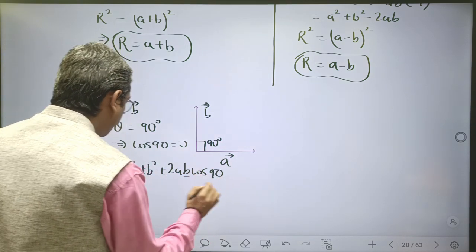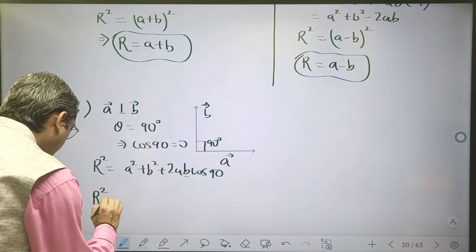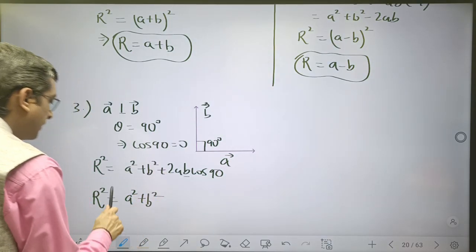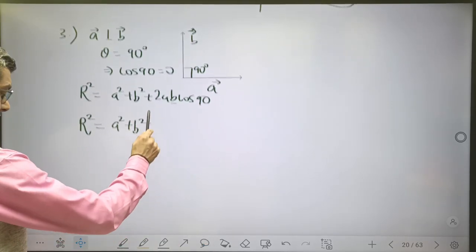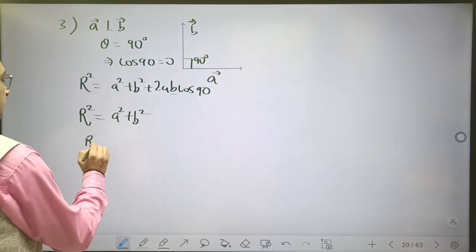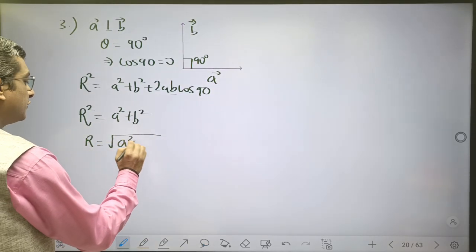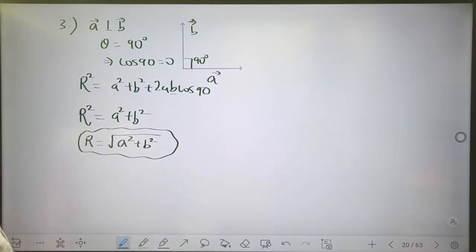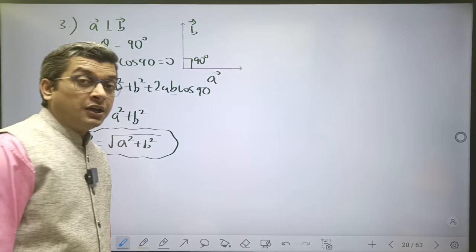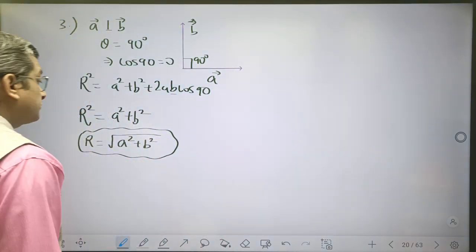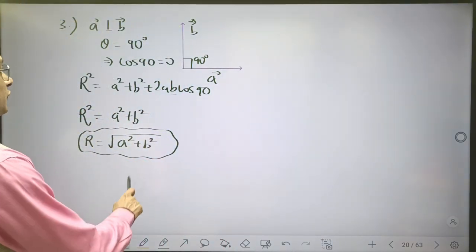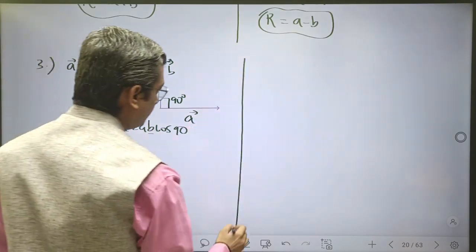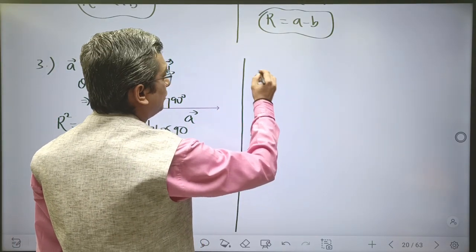So this whole term becomes 0. So r square is equal to a square plus b square, which implies that r is equal to root over a square plus b square. Now if you talk about direction, I will discuss direction later on.